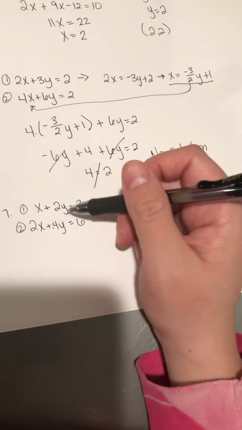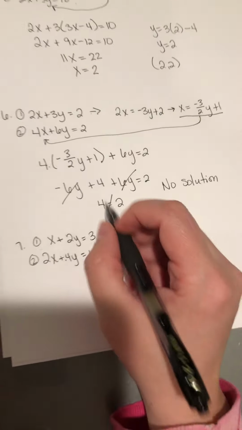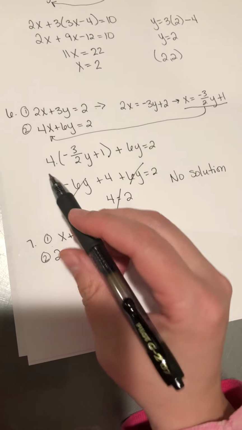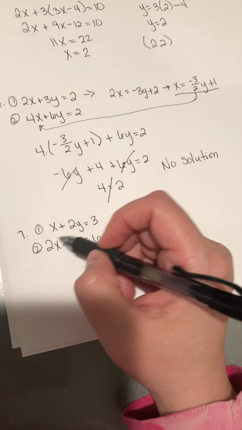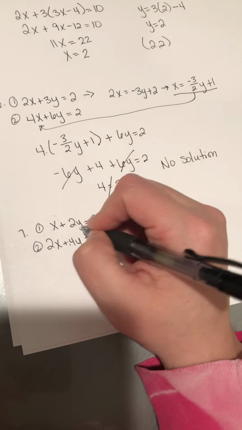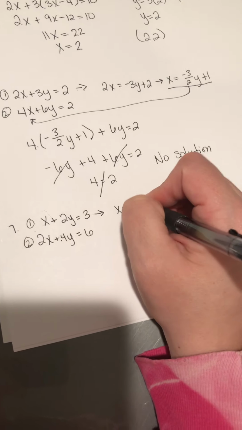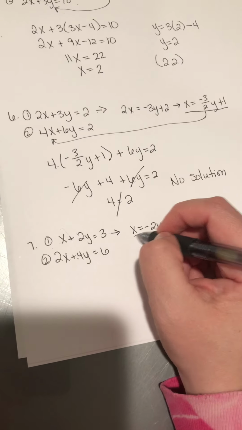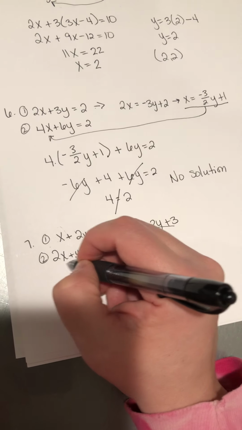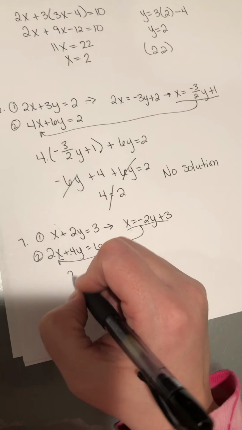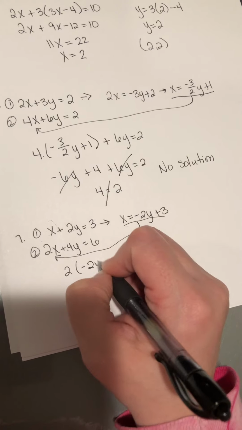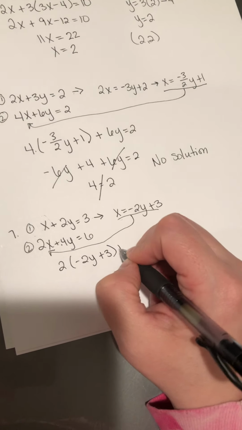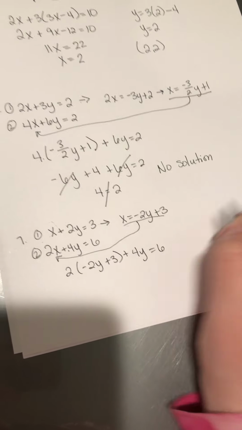But anyways, to prove that by substitution, in this case I'm going to solve for x in number 1 again, just because it has a coefficient of 1. So I'm going to subtract 2y. I got x equals negative 2y plus 3. And I'm going to take this and plug it into my second equation down here. So I've got 2 times x, which I just said was negative 2y plus 3, plus 4y is equal to 6.